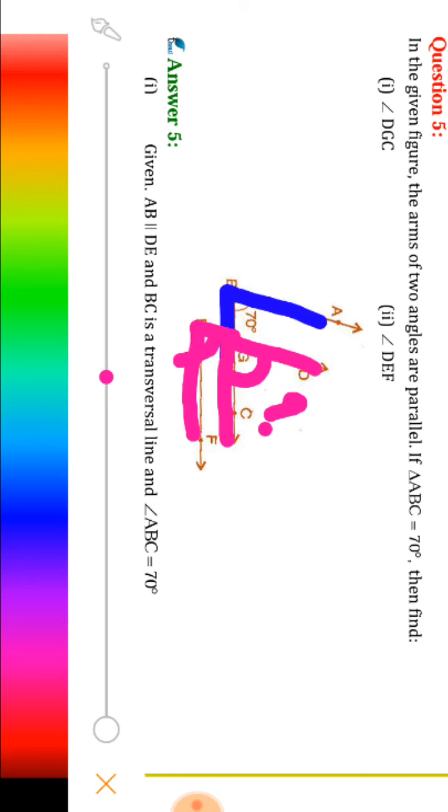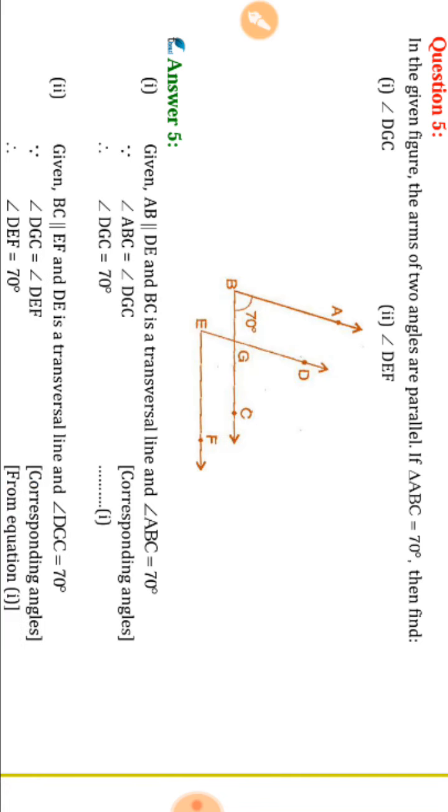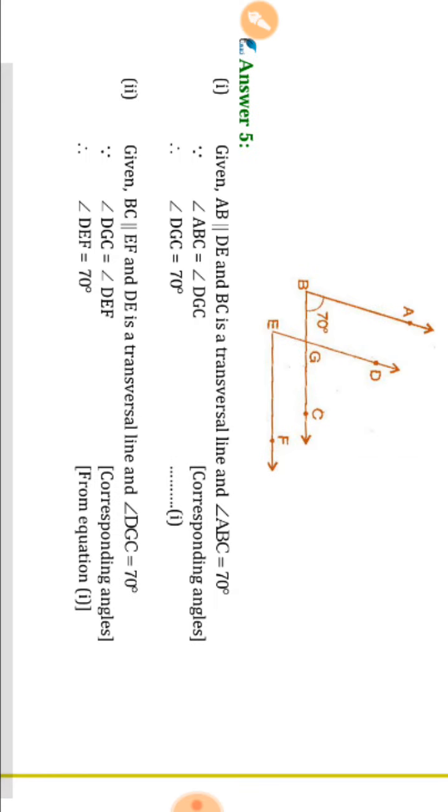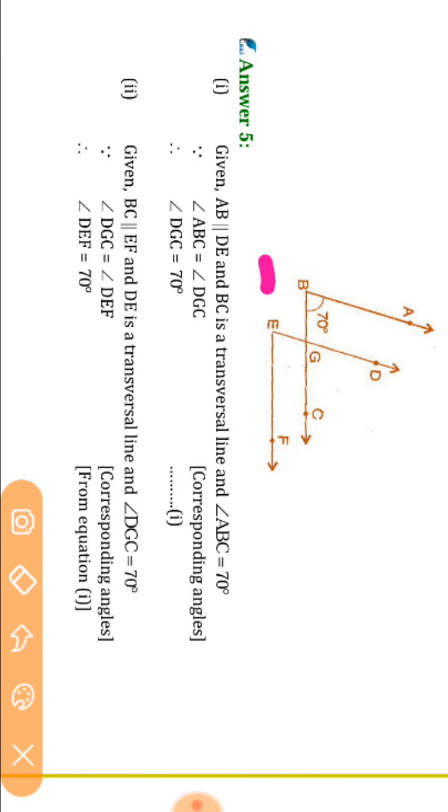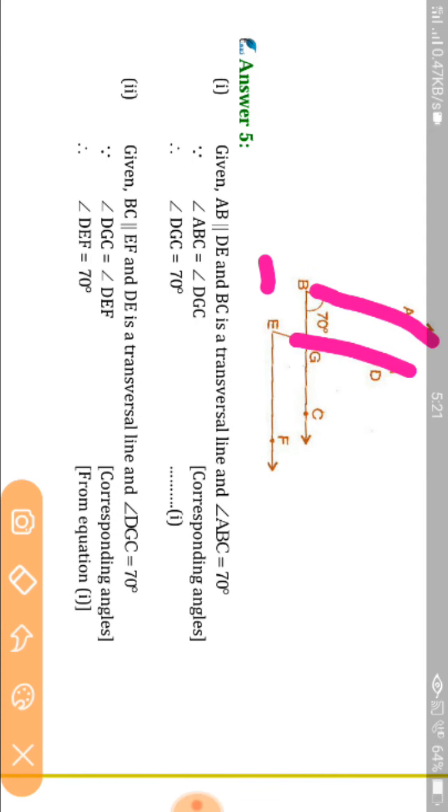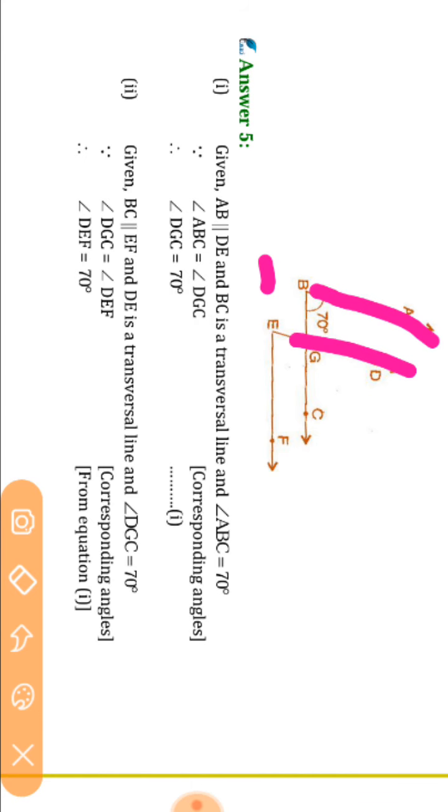See, these both are same because these are corresponding angles. So even F and G also angle same because these are also corresponding angles. So mathematically how can we write? See, given AB is parallel to DE and BC is a transversal line. Angle ABC is 70 degree.